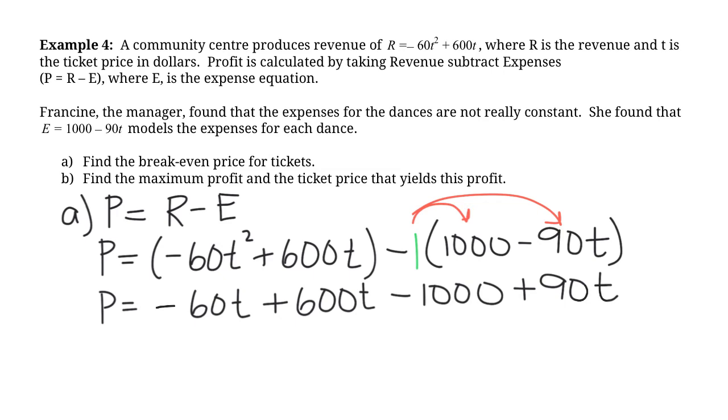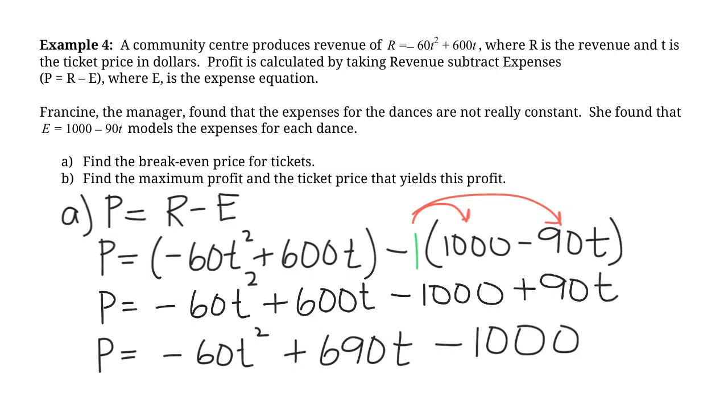We now need to collect any like terms that are present in the equation. I have like terms with 600t and 90t, so I can add those two together, and that leaves me with a final profit equation of negative 60t squared plus 690t minus 1,000.